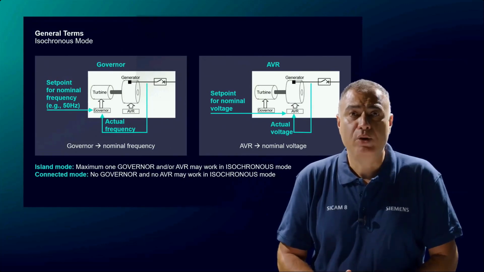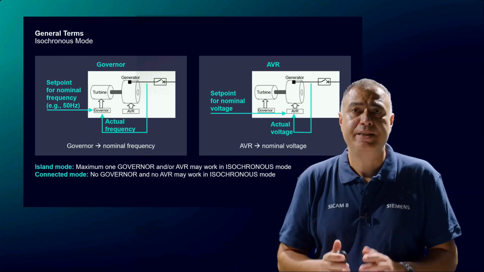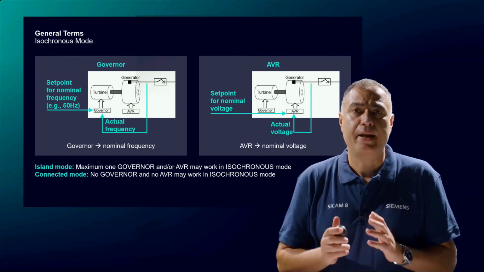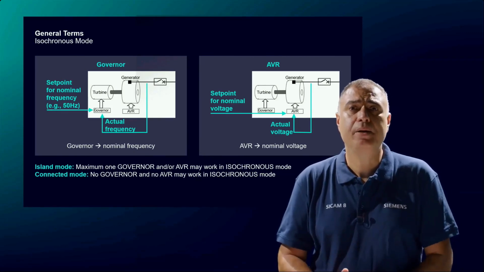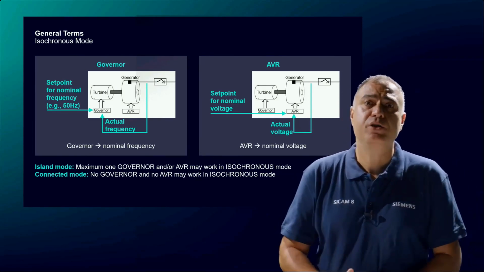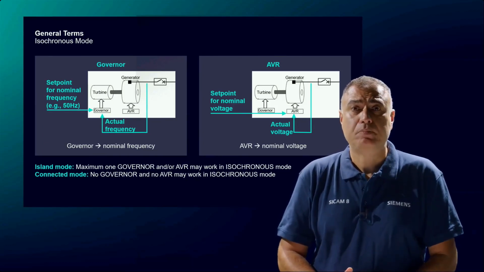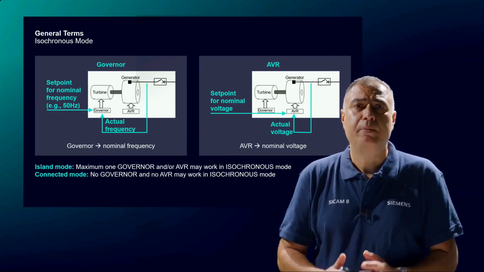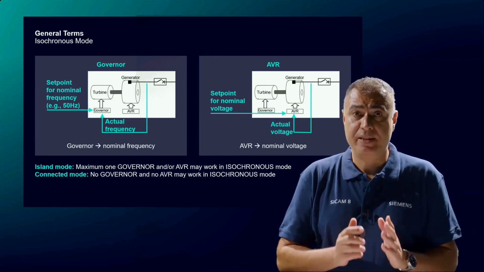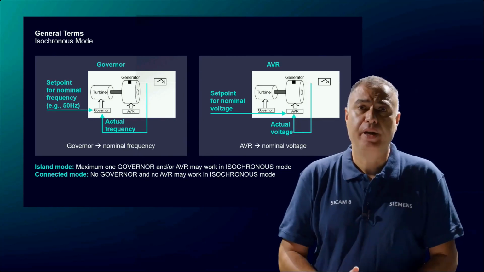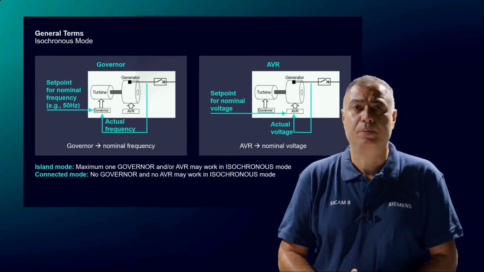However, it should be noted that only one governor may work in isochronous mode in an island power network. If you deviate from this restriction, then most likely the regulation starts to swing. In grid-connected mode, no local governor may operate in isochronous mode. If you deviate from this restriction, then the local generator will run either at maximum or at minimum load.